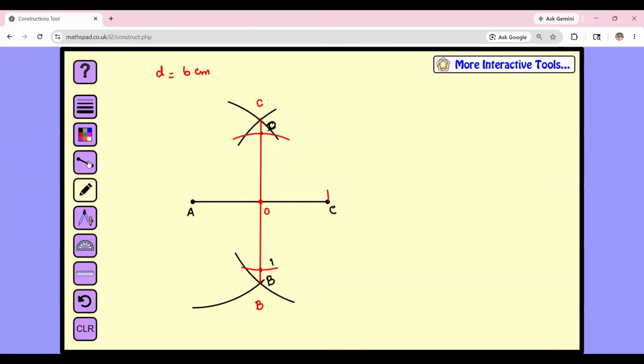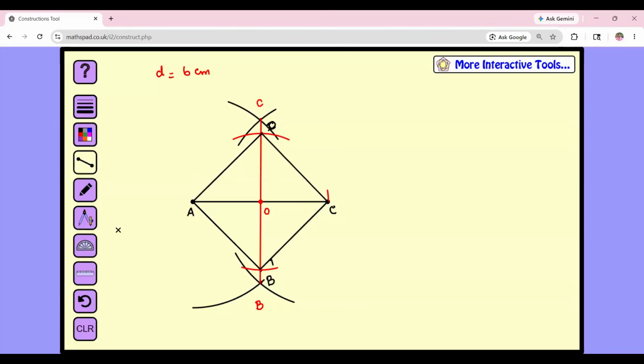Now we can join all the points. So join AB, BC, CD and AD. Now we got ABCD, a square. ABCD is a perfect square now.